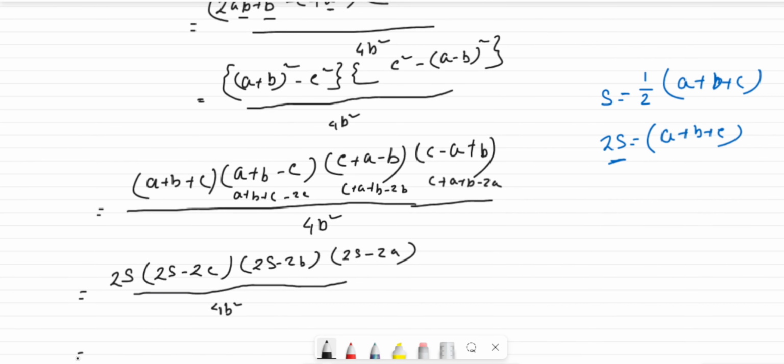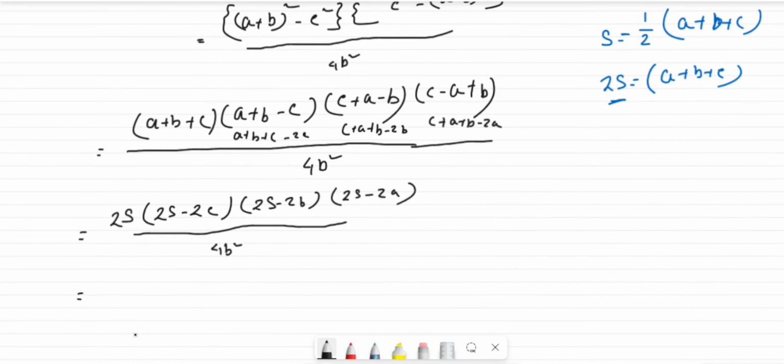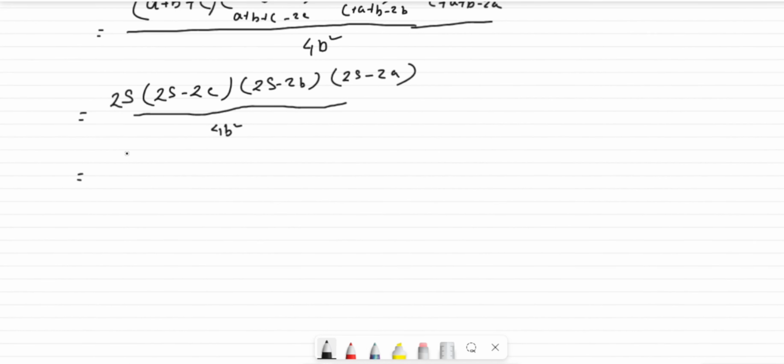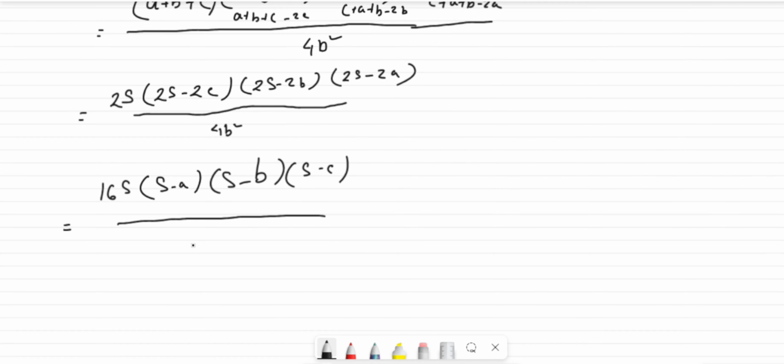So if we take 2 common from each of these elements, what we will be getting: 2 into 2 into 2 means 8, into 2, 16s, right? 16s into s minus a, s minus b, s minus c, right, by 4b square.